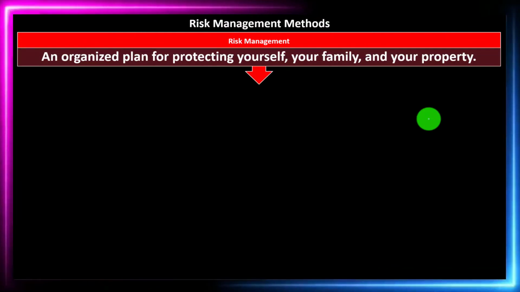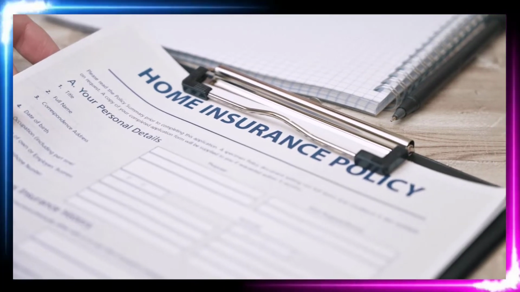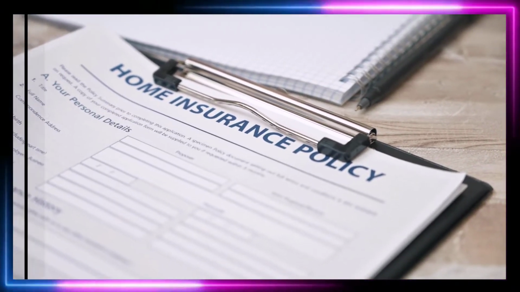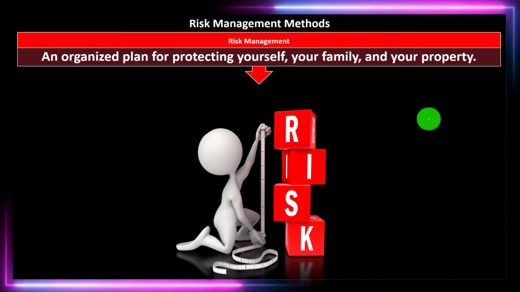Our insurance plans and policies are one way for us to mitigate risk. We've been talking in prior presentations about what risk is, which is a little bit confusing because it involves potential things that could happen in the future.